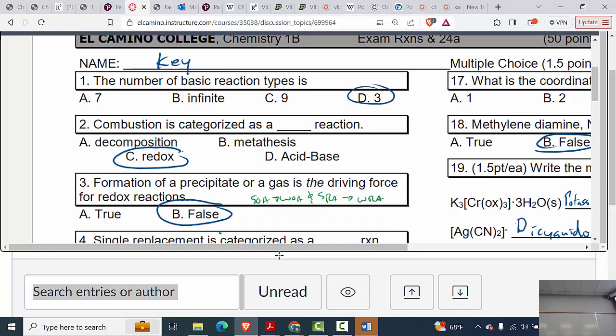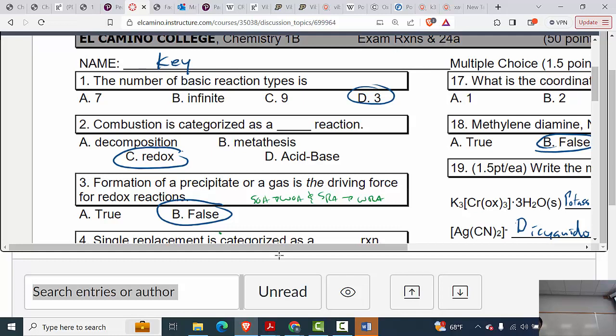One way to check, sometimes it's difficult to tell, but one way to check if a reaction is redox is all redox reactions will be accompanied with a change in oxidation state. So in metathesis reactions, the oxidation states never change. In acid-base reactions, the oxidation states do not change, except for Lewis, but we count things funny with Lewis.